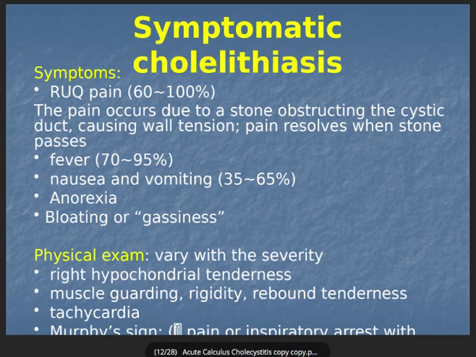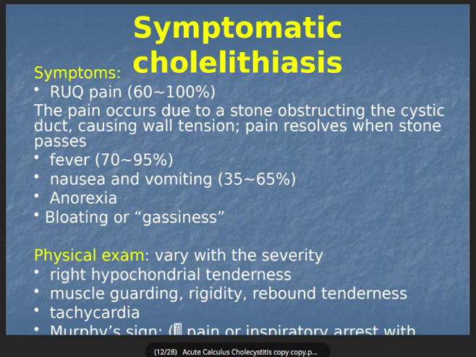On examination in acute cholecystitis, not biliary colic, now we will talk about acute cholecystitis. It varies in severity. Usually there is right hypochondrial tenderness, because in biliary colic there is no pain anymore. There is muscle guarding and rigidity. Sometimes you'll have rebound. But the most important thing is that you will have a positive Murphy sign.